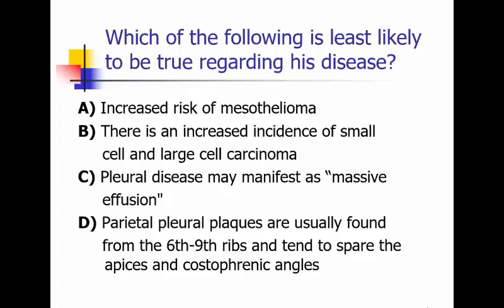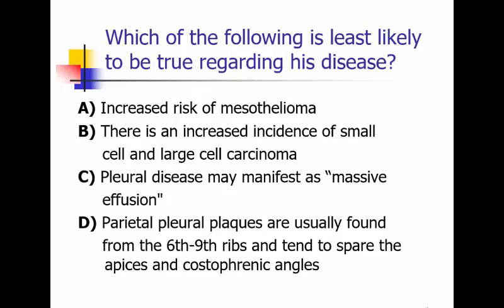Yes. Parietal pleural plaques are usually found from the 6th to 9th ribs and tend to spare the apex and the costophrenic angle. Yes, that's right. So all of them are right. Which one is wrong? Did I put the question in the wrong way?